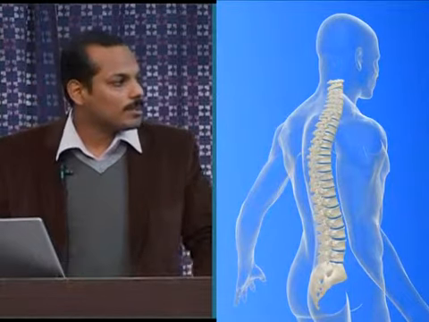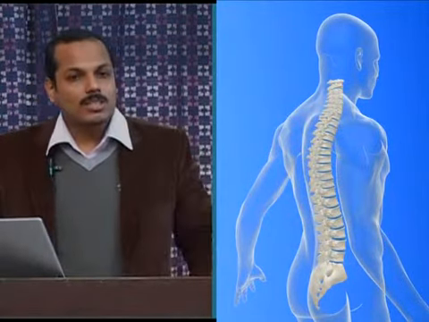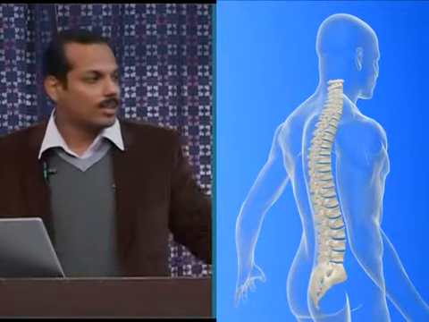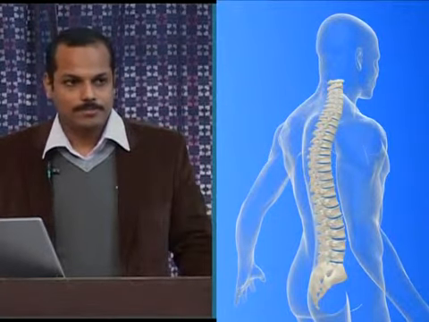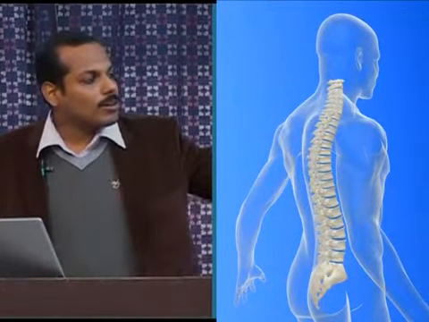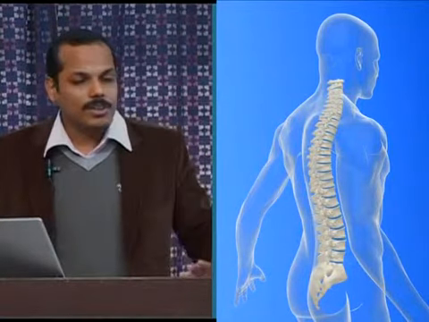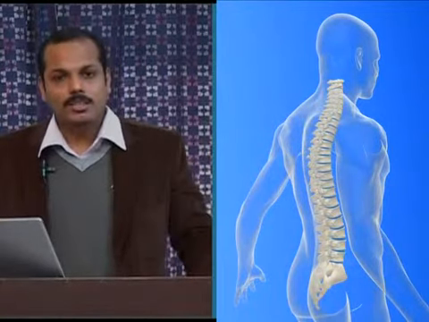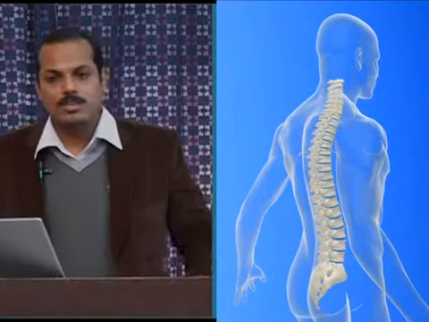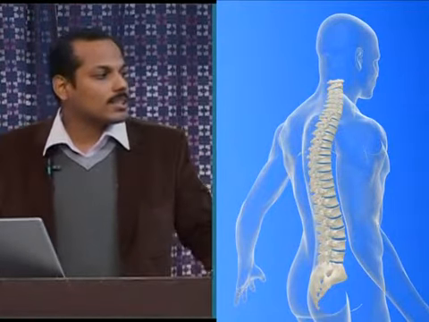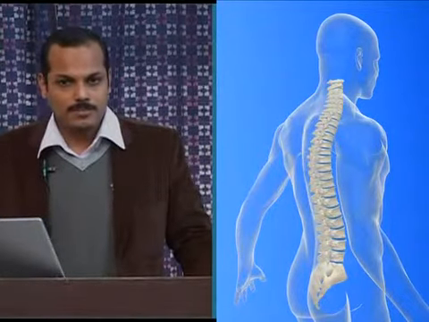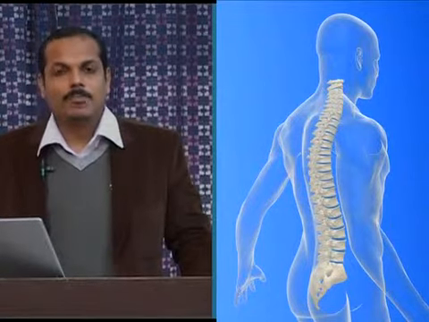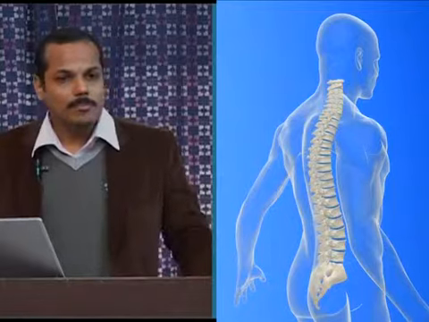Now, the entire vertebral column is formed by 33 vertebrae, and in between the vertebrae we can see intervertebral discs, and there are 23 intervertebral discs. The vertebral column can be divided into 5 different parts: cervical region, thoracic region, lumbar region, sacral region, and coccygeal region. The cervical region consists of 7 cervical vertebrae, the thoracic region consists of 12 thoracic vertebrae, and the lumbar region consists of 5 lumbar vertebrae.